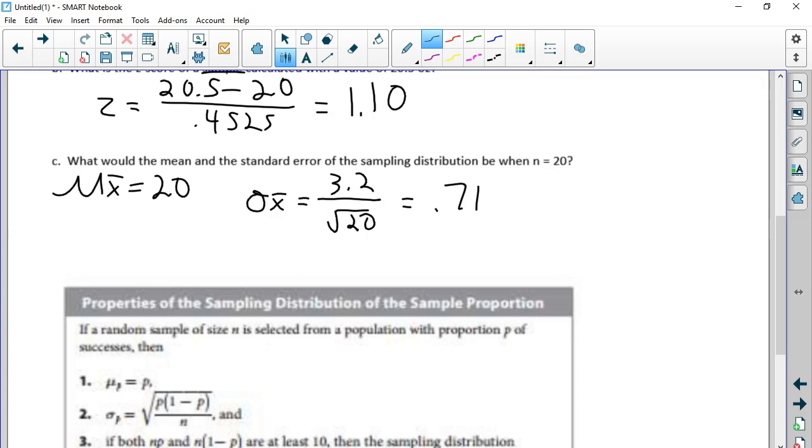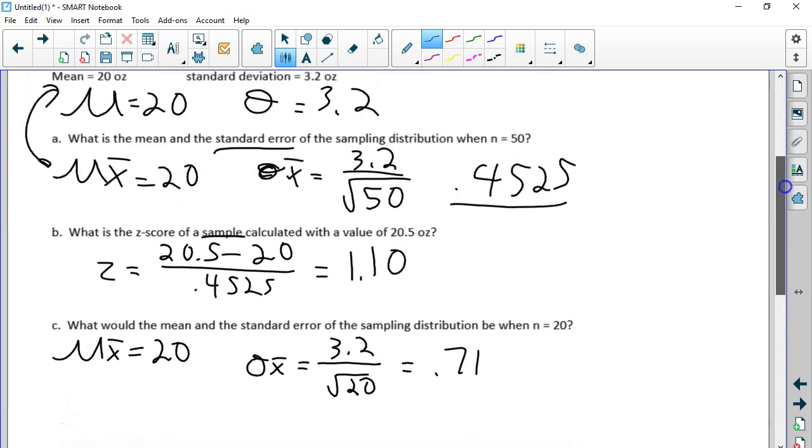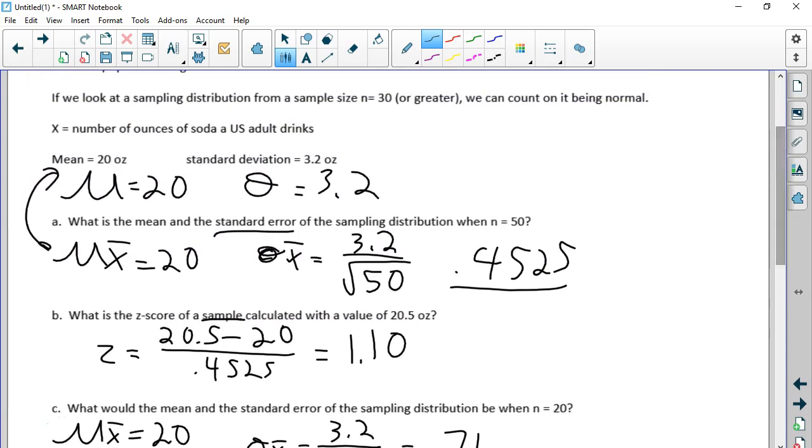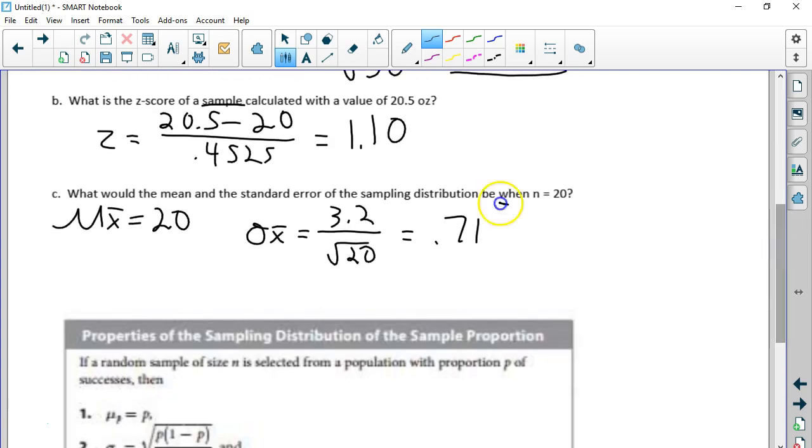But we are below our magic number. But remember, up here they did tell us that it's normal. If we're looking at a sample size of 30, it's normal. But with 20, it's under that magic number.